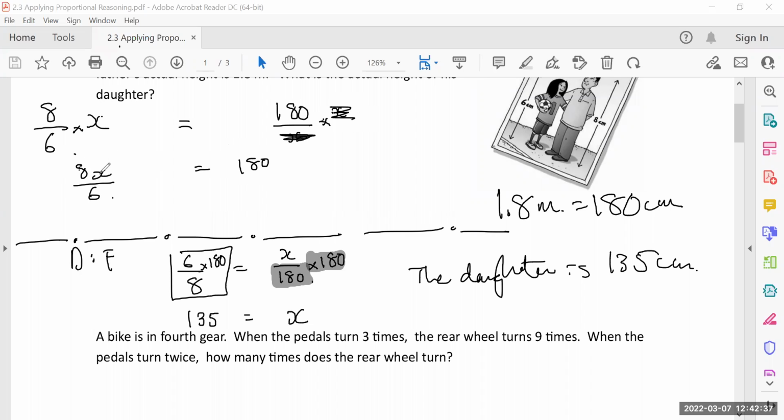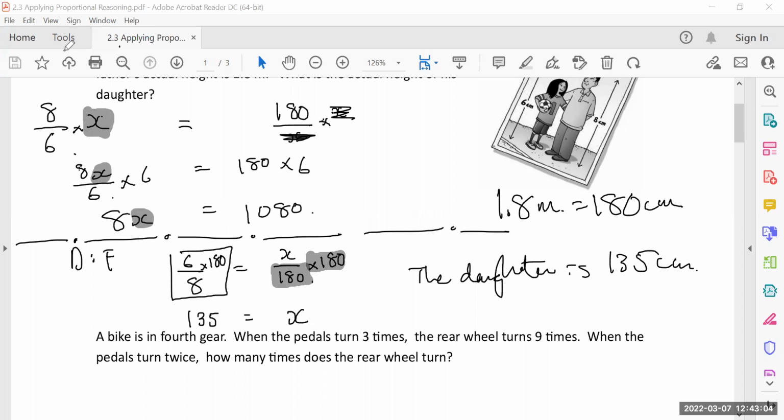I still want x all alone. So how about I multiply both sides by 6, leaving me 8x, and this would be 1080. And then I divide both sides by 8 to get x all alone. The whole goal, again, although the number of steps might increase, my goal does not, and that is to get x all alone.